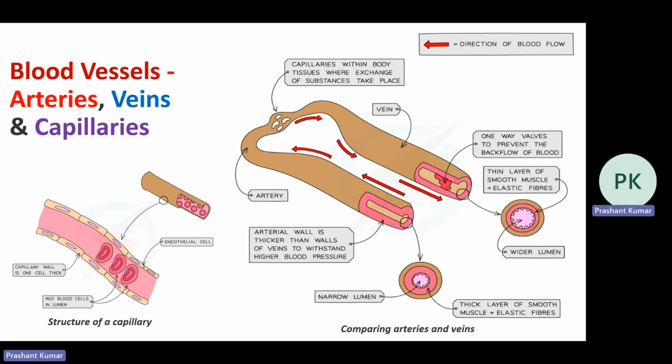In this section, we will talk about blood vessels. Majorly we have to study arteries, veins, and capillaries as per the Cambridge syllabus. If you see this diagram, this is the comparison of arteries and veins.